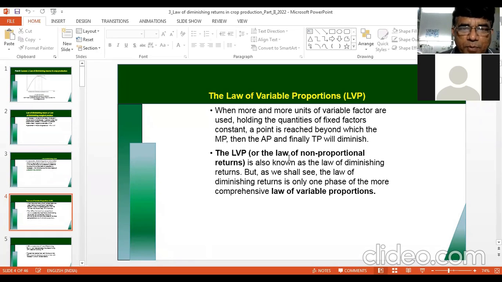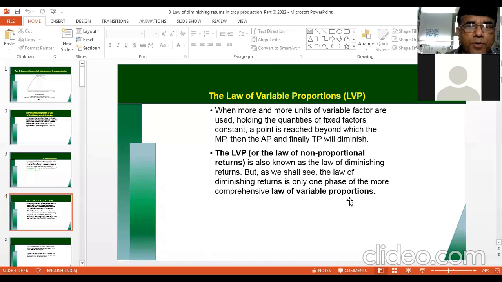The law of variable proportion, or non-proportional return, is the same thing. The law of variable proportion, or the law of non-proportional returns, is also known as the law of diminishing returns. But as we shall see, the law of diminishing return is only one phase of the more comprehensive law of variable proportion.